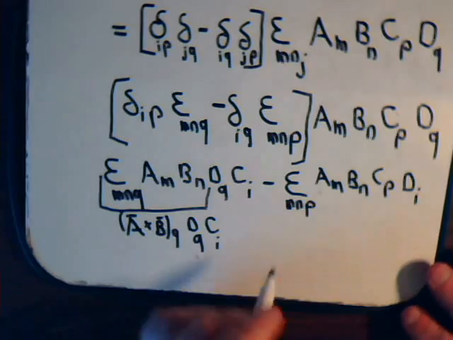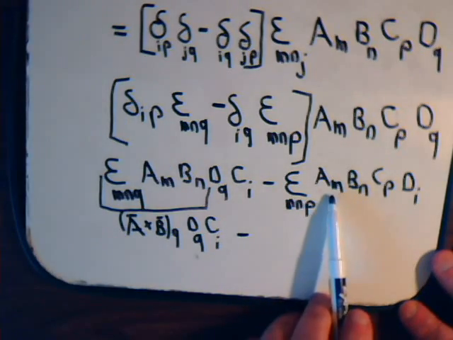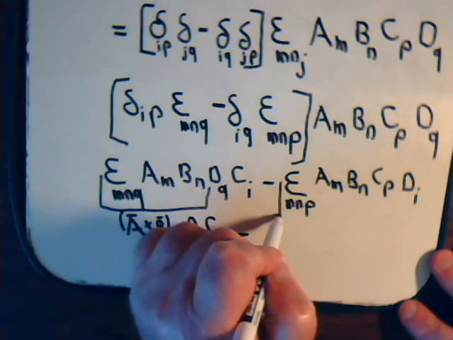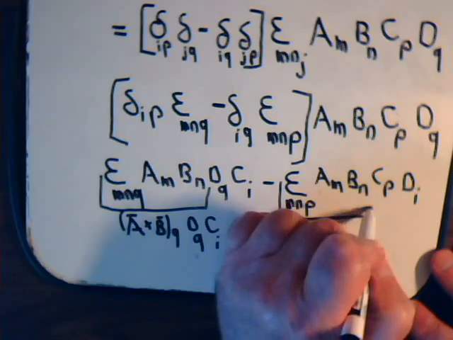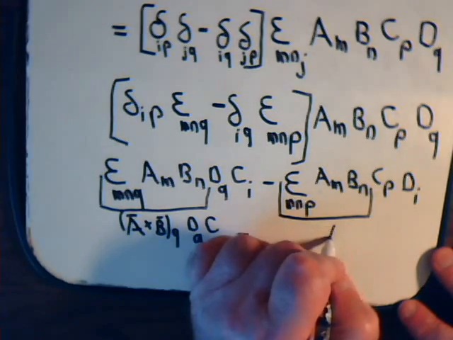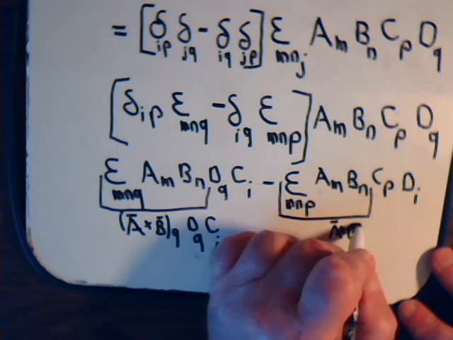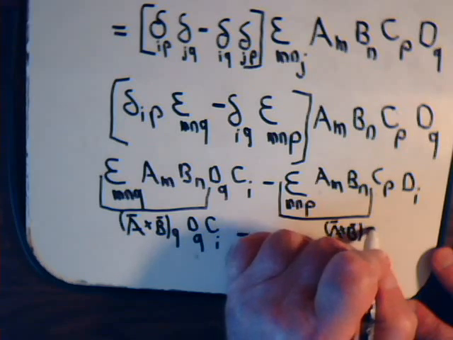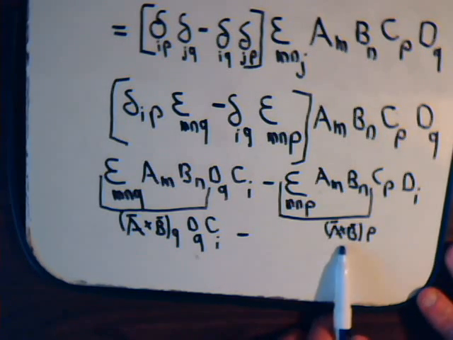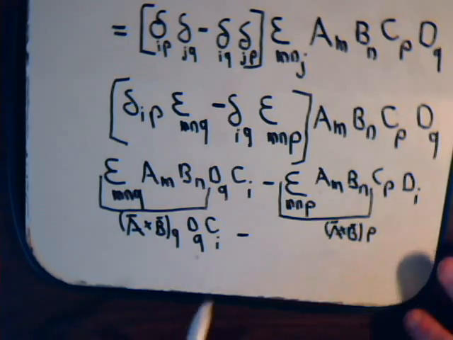Now over here we have minus AM B sub n CP. Hopefully now from all of our previous videos, the work we've done, you realize that is A cross B, and what's more, it is the P component of it. So we have minus A cross B times C of P times DI.